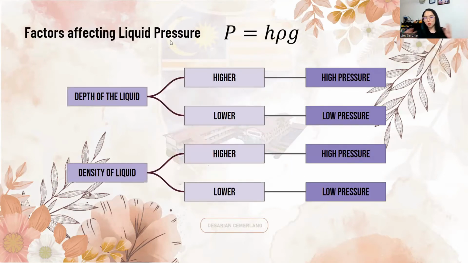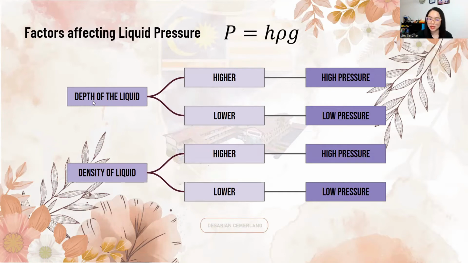Then, what are the factors affecting the liquid pressure? You know from the formula P is equal to H rho G, right? So actually, it's very easy. As long as we are on the earth, our gravitational acceleration will always be the same, so G is constant. So the things that affect the pressure are H and rho.